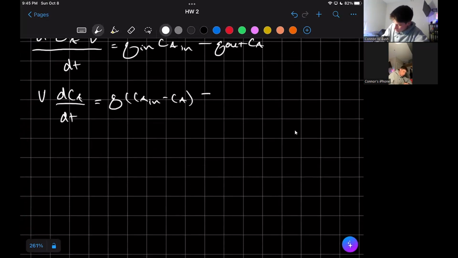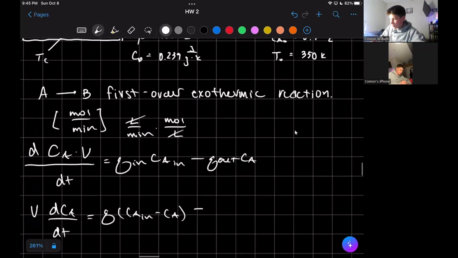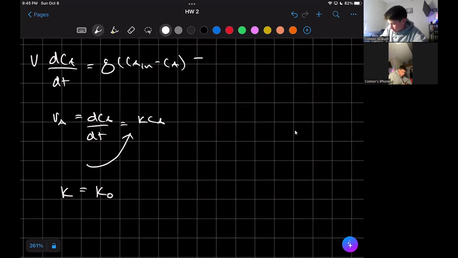For a first order reaction, we're working with the rate constant multiplied by the concentration of the reactant, CA. And then in order to get k, we can call the Arrhenius equation here.